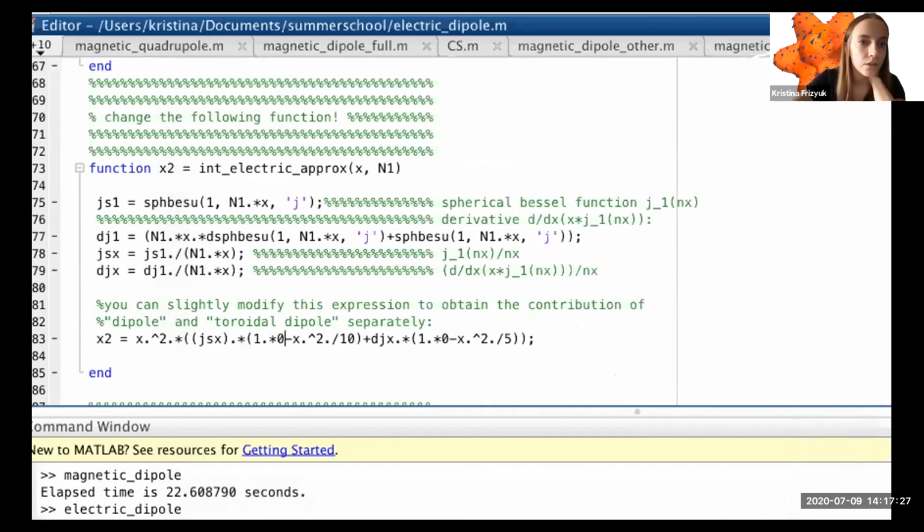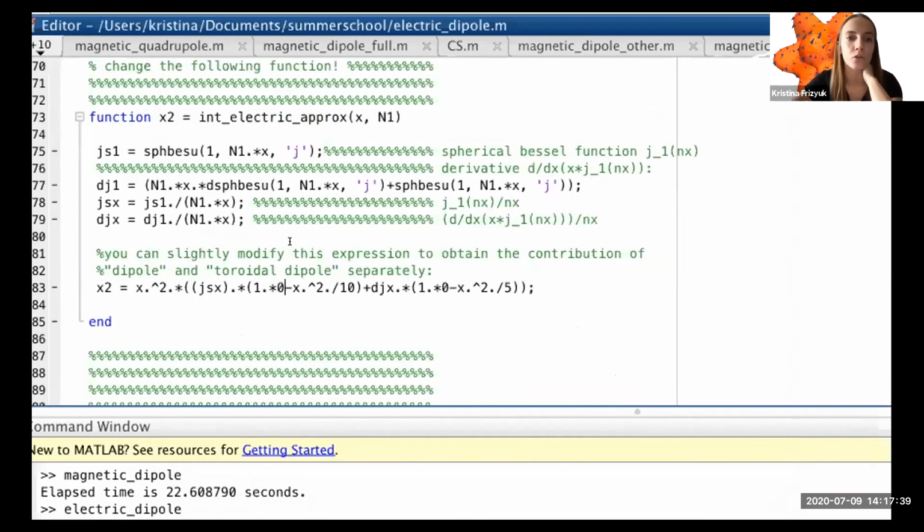Some questions in chat. Yes, you can find the multipole contributions using Matlab and CST. Maybe not exactly this code, but if you somehow extract your currents, if you have just a current inside the nanoparticle in any form, and you put your current into the formula from Ivan, so you will find the multipole contributions.